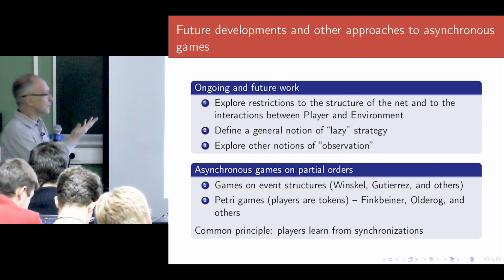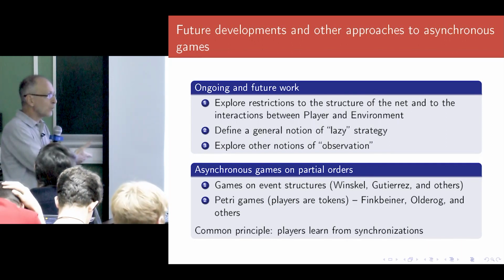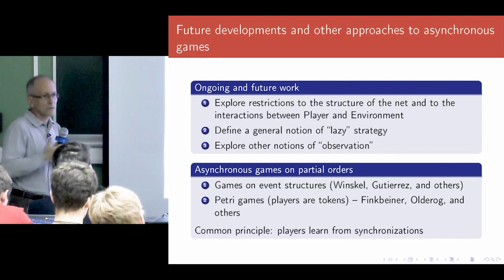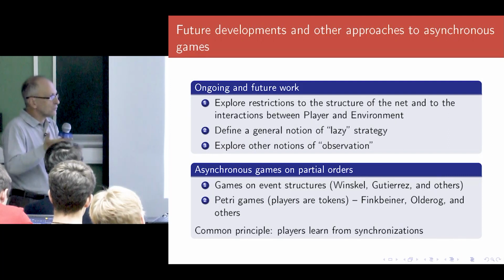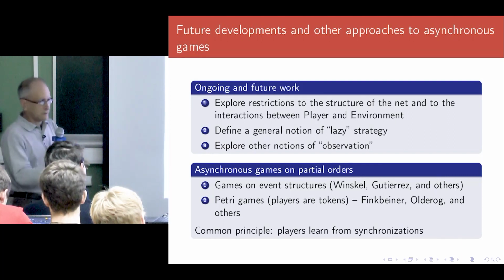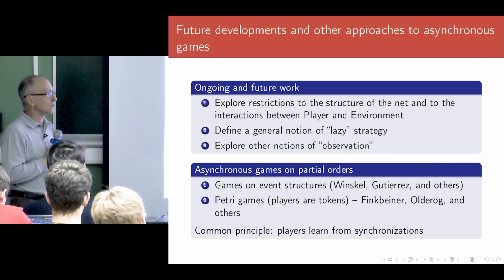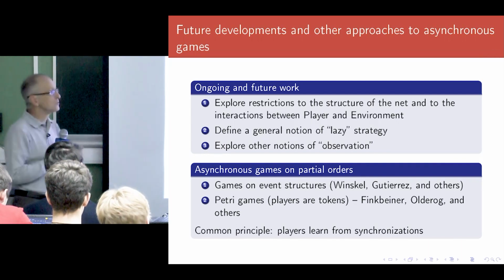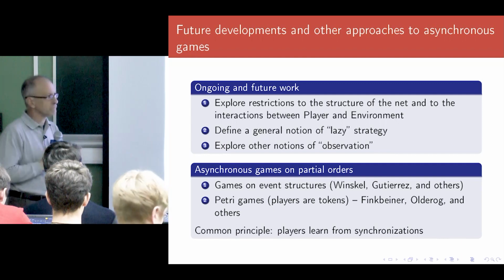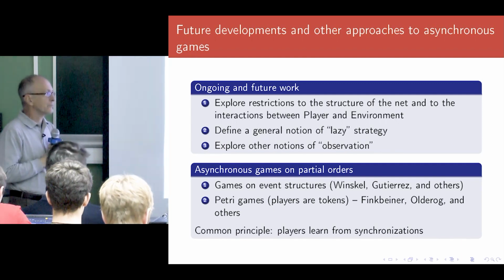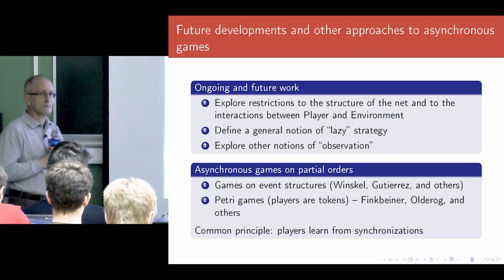For instance, the goal of the player might be to avoid the deadlock state, and so it becomes a typical control problem. We want to guide the system so that it avoids bad states or goes to a good path in the execution, so to be reliable under some control. Yeah. More questions, please?